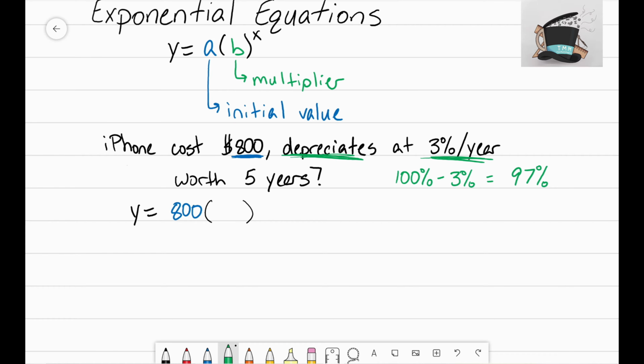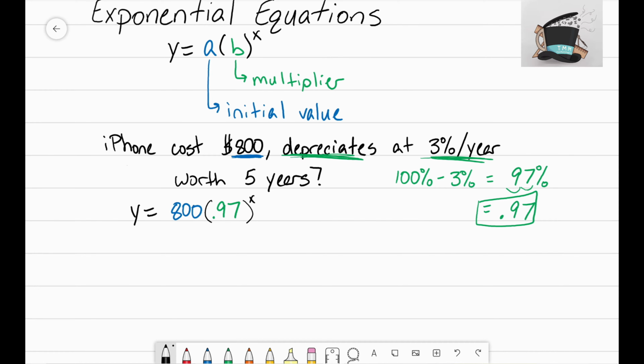That means that every year the iPhone is only worth 97% of its old value. Now, I have 97%, but I want to turn this into a decimal. To do that, all we have to do is move the decimal over 2 spots, and so it becomes 0.97. That is my multiplier, and that's what needs to go in here for our b term, 0.97.